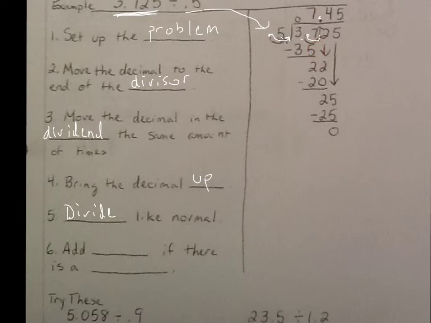Bring down your 2. 5 goes into 22, 4 times. 5 times 4 is 20, so 22 minus 20 is 2. Bring down your 5. 5 goes into 25, 5 times. 5 times 5 is 25. 25 minus 25 is 0. So you are done. And your answer here would be 7 and 45 hundredths.